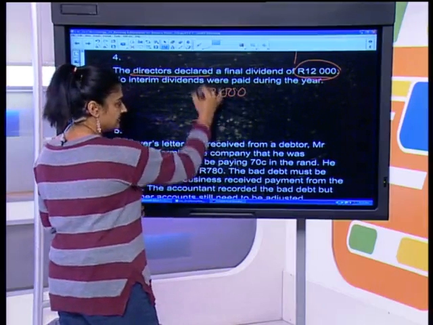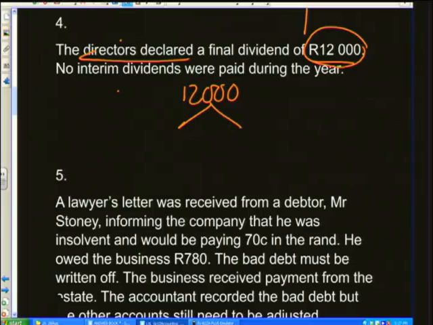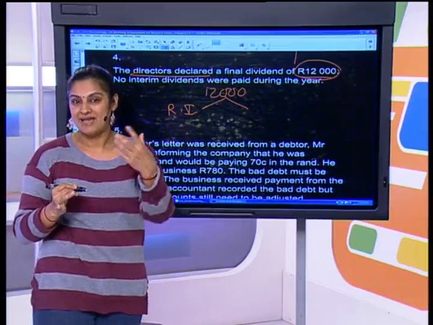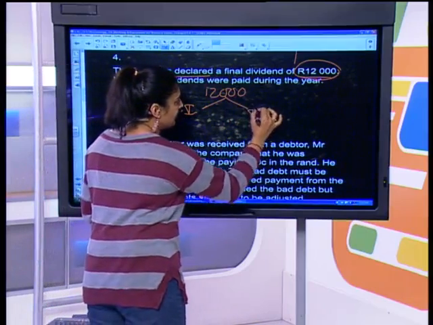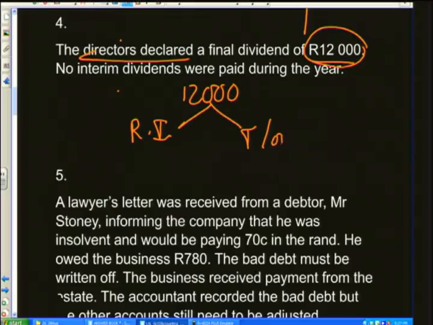Remember, this 12,000 will be entered in my retained income note, and as it has been declared, meaning it hasn't been paid as yet, this is obviously a liability and will also be entered under the trade and other payables note.